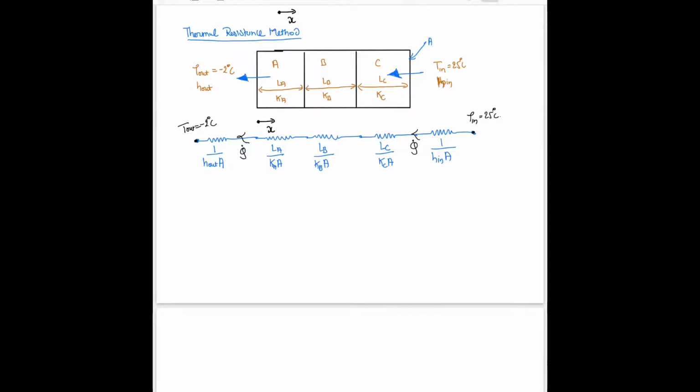The heat transferring from higher temperature to lower temperature is the same at every interface, so there will be Q.